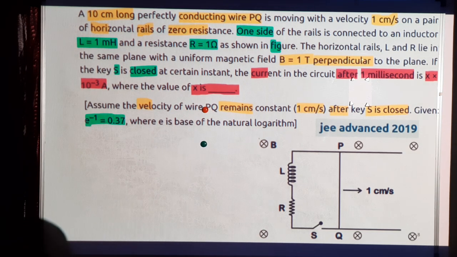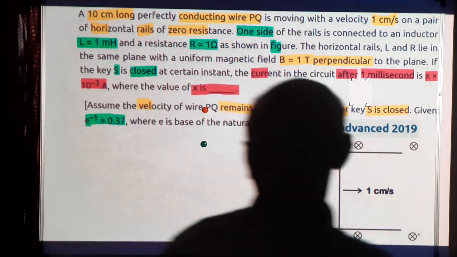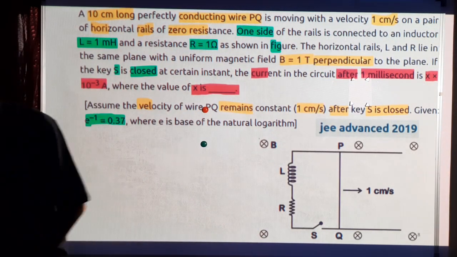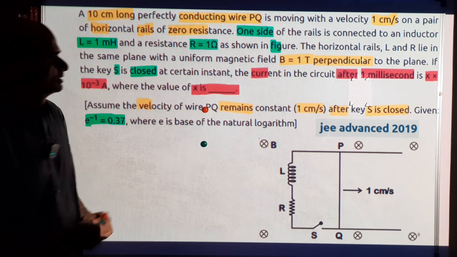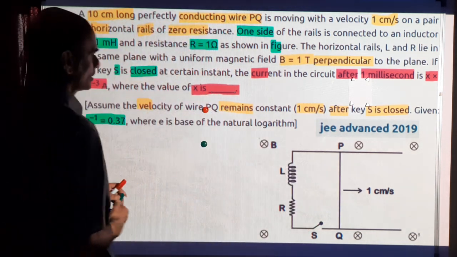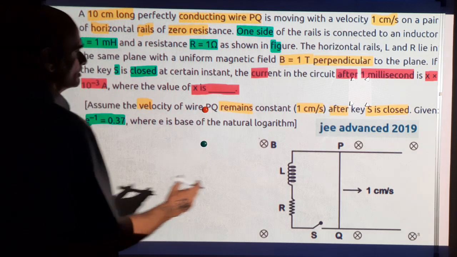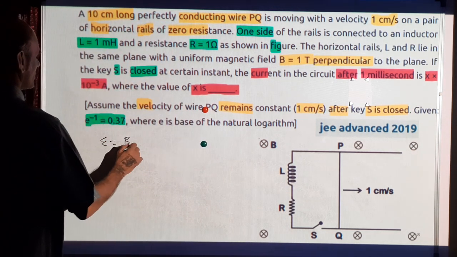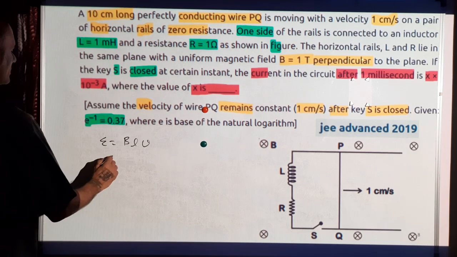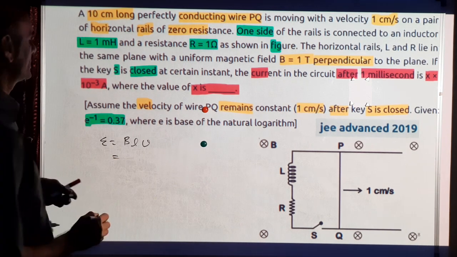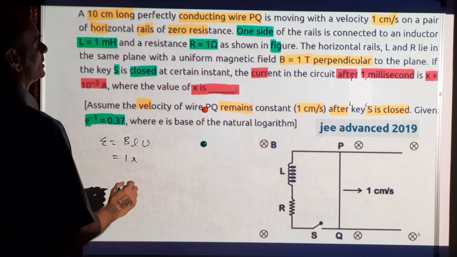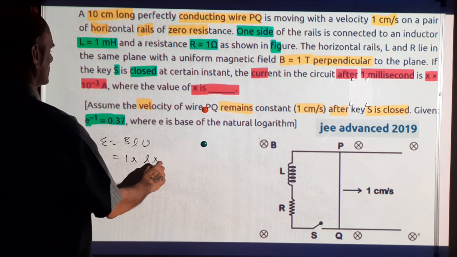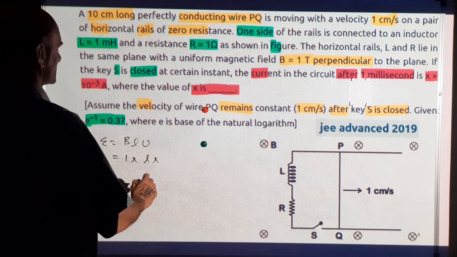You can pause and run this question. So we'll use the result. This rod is moving on horizontal rails, so the EMF induced will be BLV. Magnetic field is 1 Tesla, length into velocity, which is 1 centimeter per second.